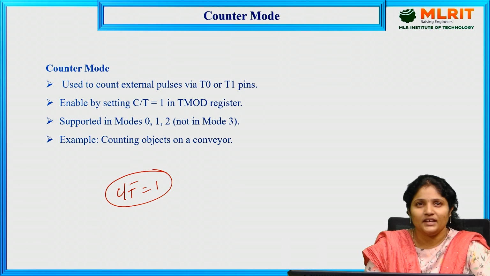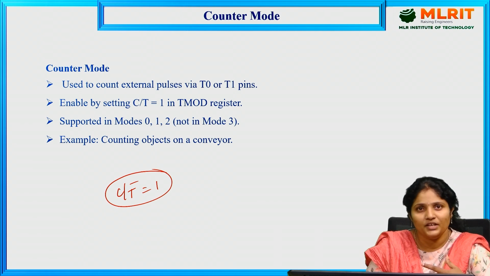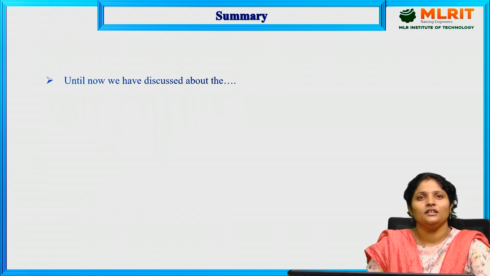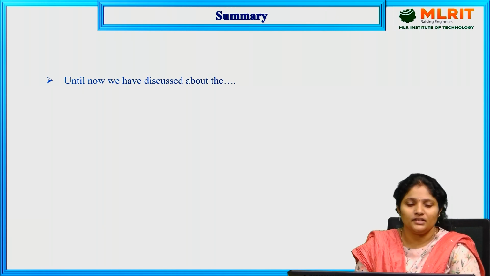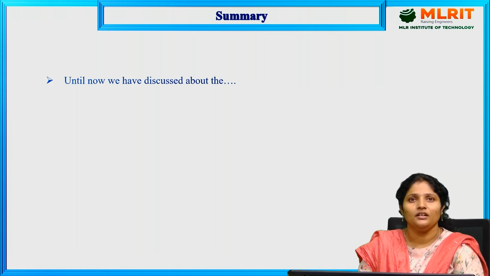One of the best examples is counting the number of luggage items on a conveyor belt, or counting objects in general. We will be using counter mode for that. Until now, I have discussed how to set the value of the TMOD register for selecting different modes in different timers, and how counters operate in different modes. Thank you.